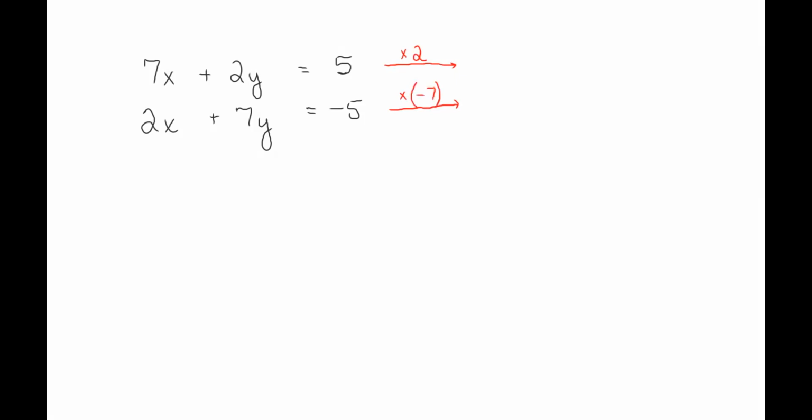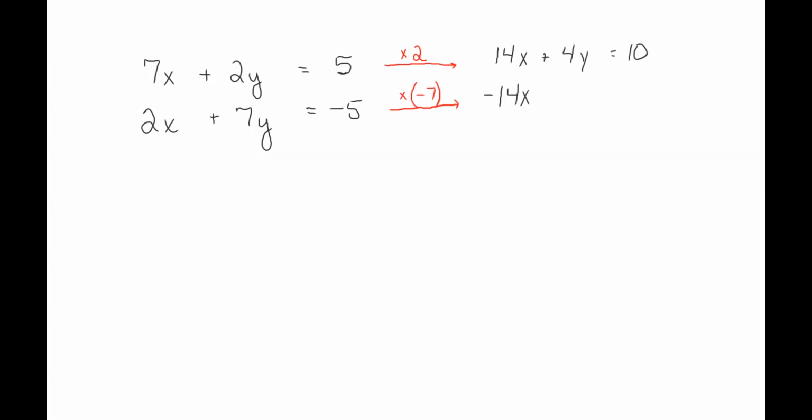So when I multiply the top one by 2, I get 14x plus 4y equals 10. And when I multiply the bottom equation by negative 7, I get negative 14x. Notice I wanted that negative with the 7 so that those two numbers add up to 0.